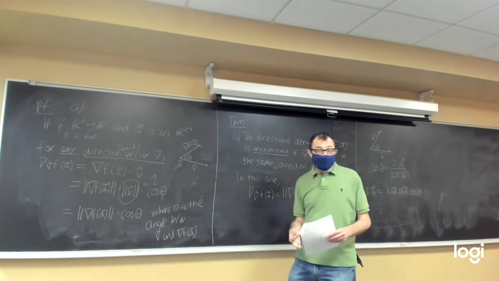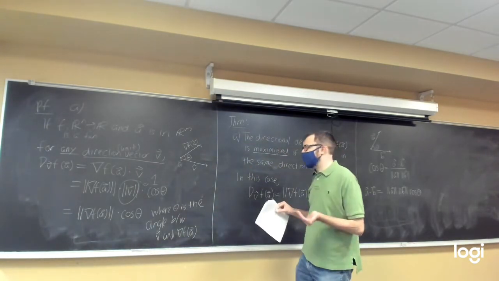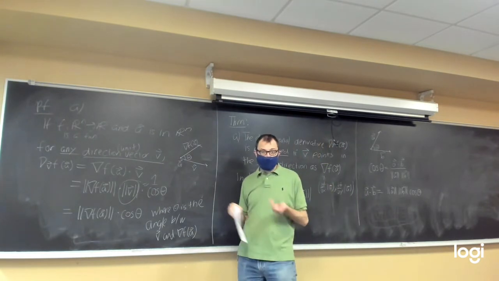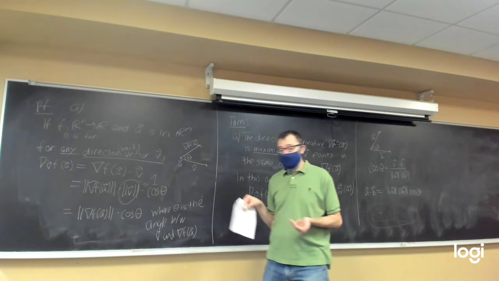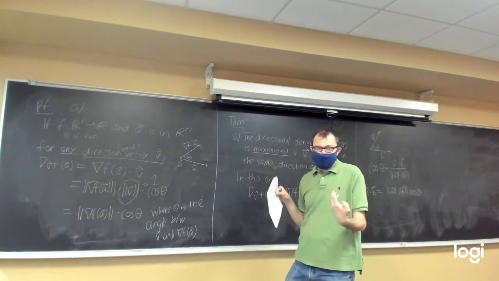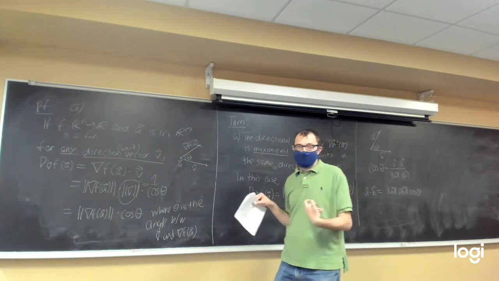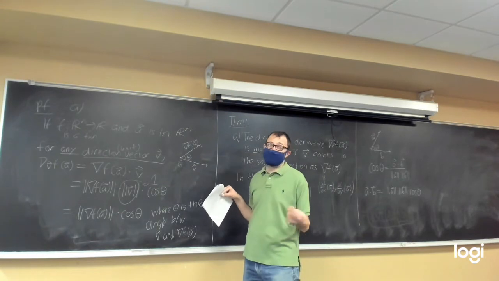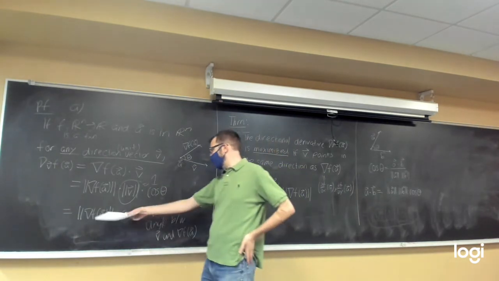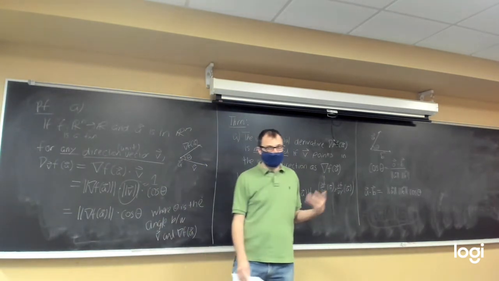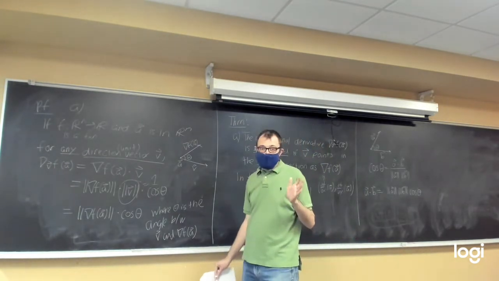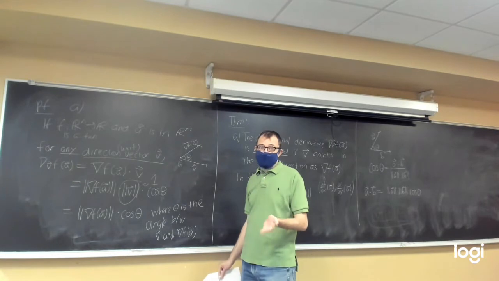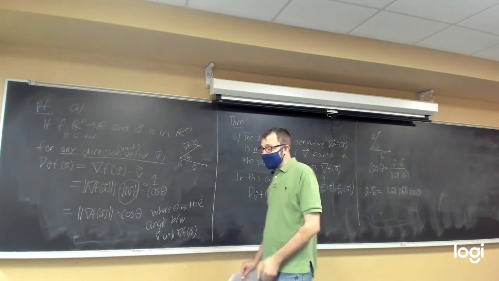So our directional derivative, we just rewrote as being equal to the magnitude of the gradient vector of f evaluated at A, times, because that's a scalar value, cosine of theta, which is going to be another scalar value. So when you multiply these two numbers together, that's going to give us the slope of what we would get if we started at A on the surface of f, and walked in the same direction that v was pointing.